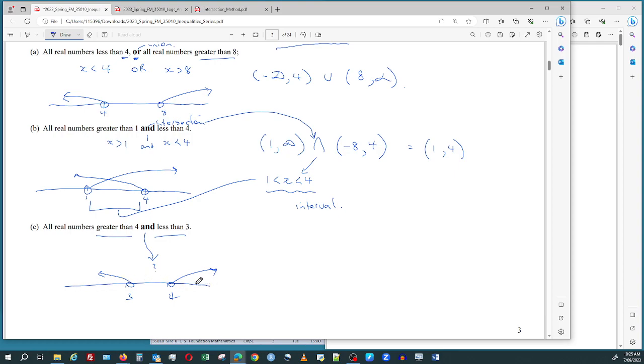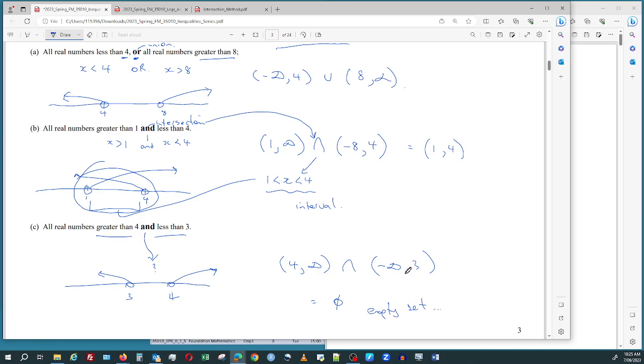In this case here, because we don't have this picture of the crossing over or the intersection, there's going to be a funny result. So if we go from 4 to infinity, not included, and intersect that with negative infinity to 3, what we'll end up with is the null set, or the empty set.